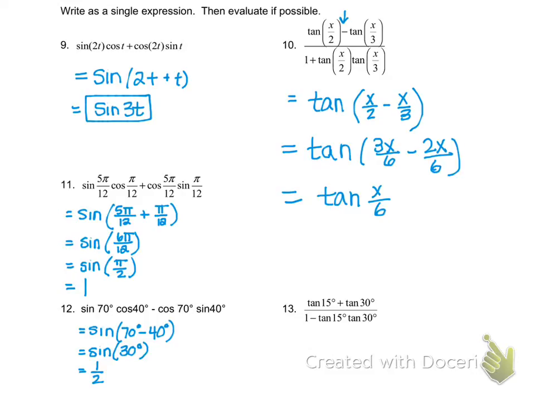And our last example is now the sum formula for tangent. So we have tangent of 15 degrees plus 30 degrees, which is tangent of 45 degrees, which we can evaluate on the unit circle as 1.